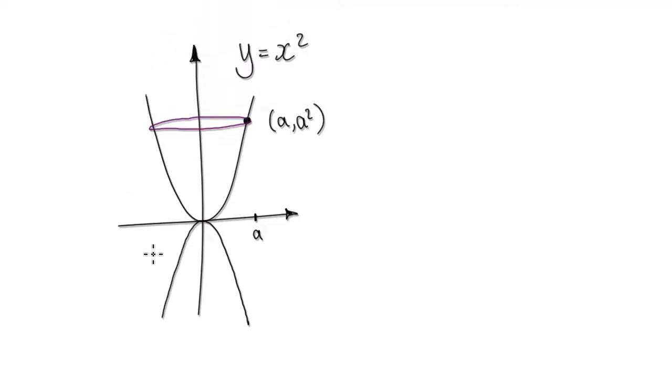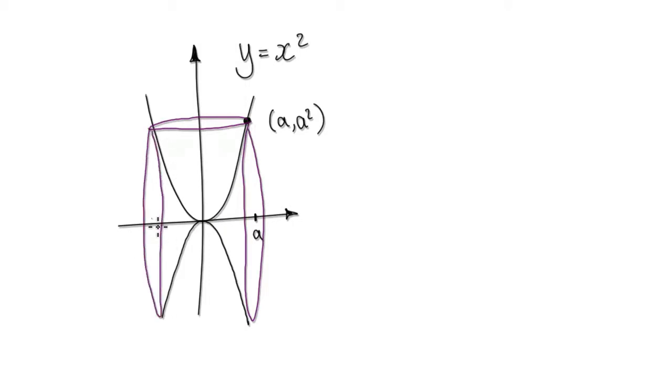V2 is this solid here. Rather than integrating from negative a to positive a, we are just going to integrate from 0 to a and then multiply by 2 because it's symmetrical.